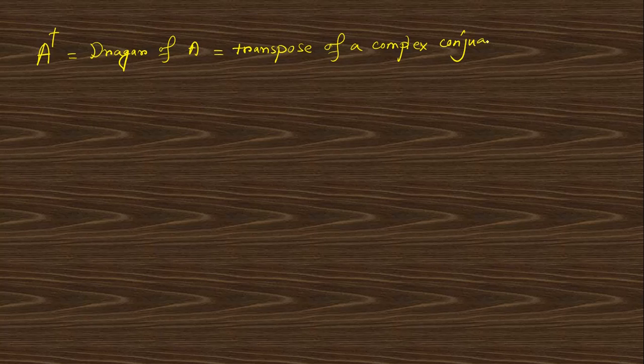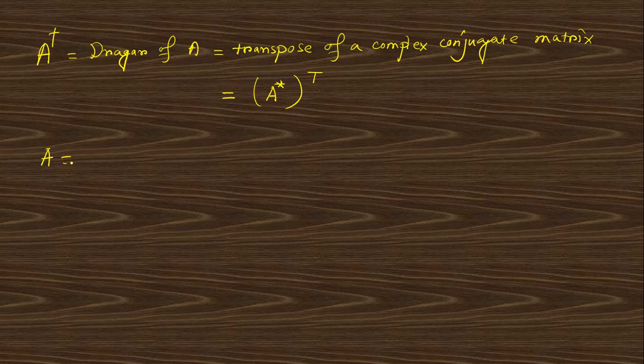A dagger is nothing but the transpose of the complex conjugate matrix. That means if you have a matrix A, you need to take the complex conjugate and then transpose. Okay, this is called A dagger.